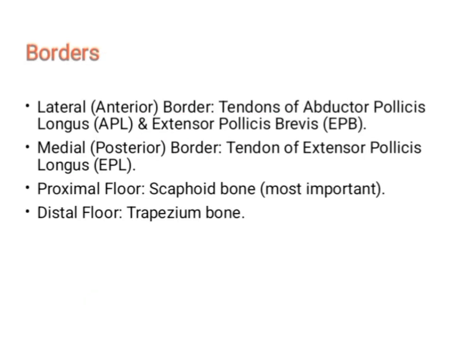Now, what are the borders of the anatomical snuff box? We have the lateral or anterior border, which is formed by the tendons of abductor pollicis longus and extensor pollicis brevis. Abductor, not adductor.